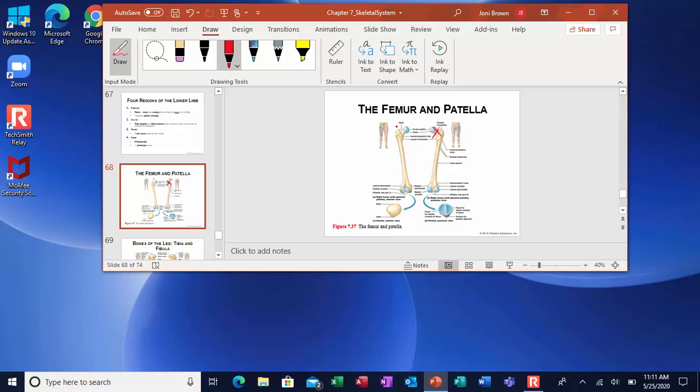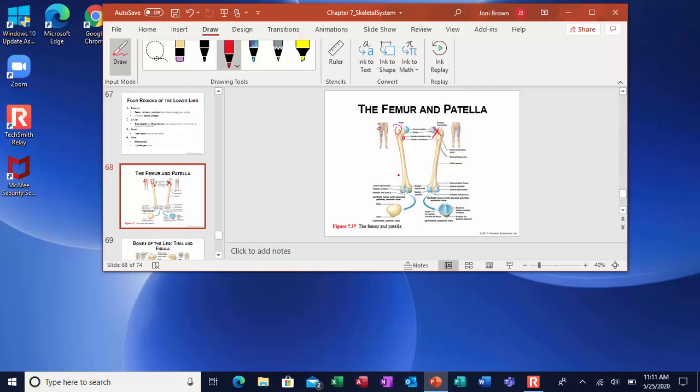There's this knot right here called the greater trochanter, and the lesser trochanter is on the underside here. That is what you feel when you feel the side of your leg to feel your hip area. That's the greater trochanter.